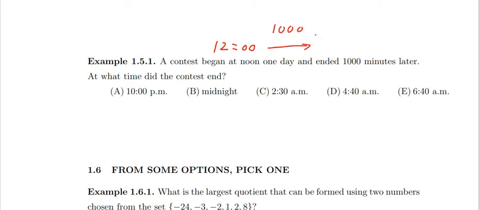We want to change this to how many hours and how many minutes. So 1,000 minutes, let's say how many hours, so divide by 6.